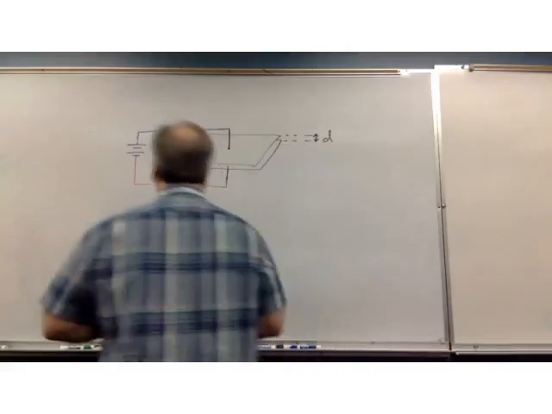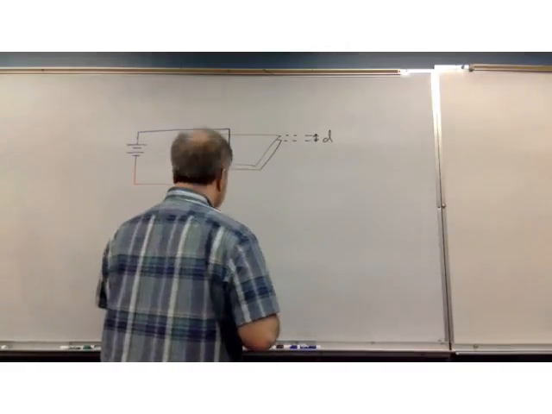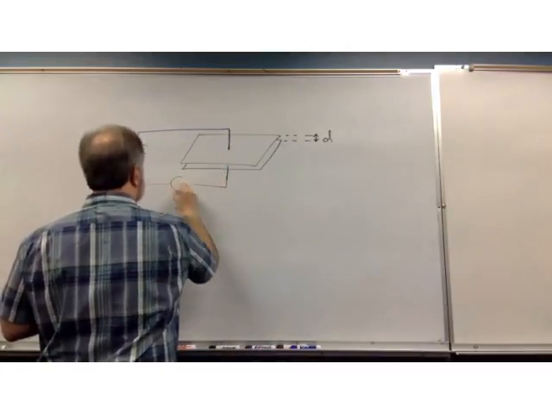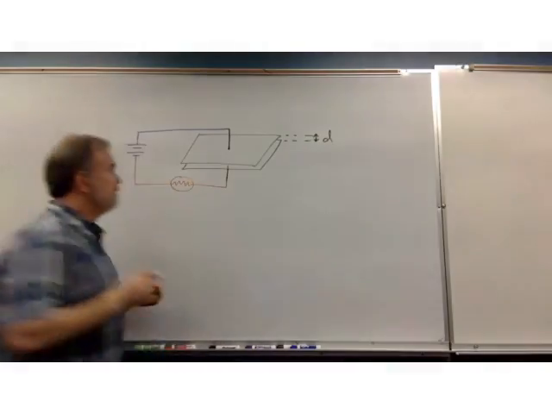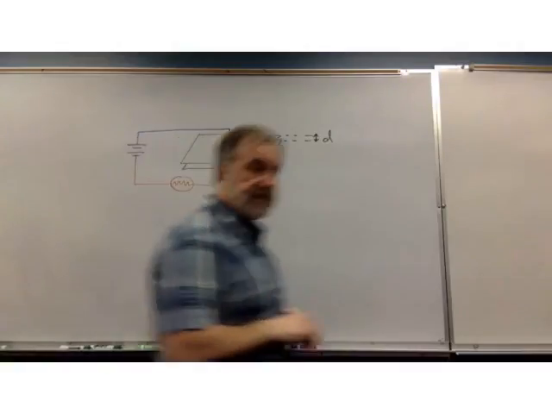Now the light bulb itself was inserted into the middle of the circuit, and I'm going to represent the light bulb like this, okay? And the light bulb, as I say, lit.